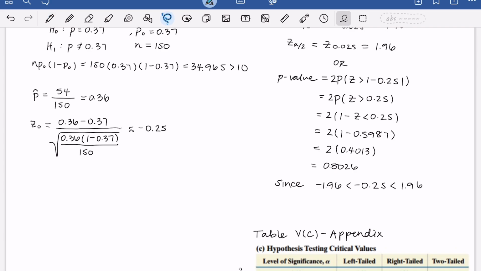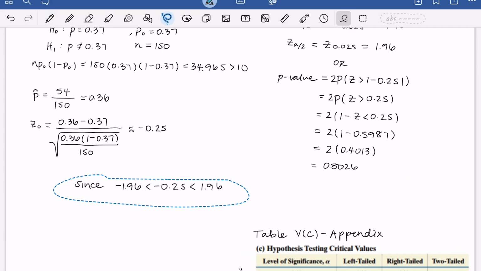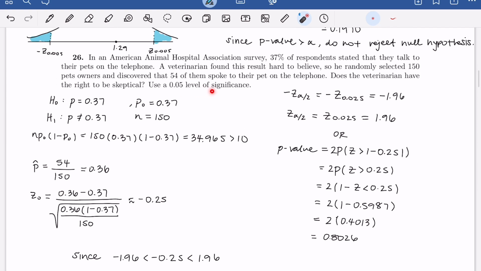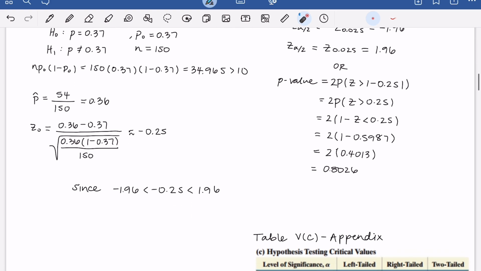All right, so we already know from our classical approach that our test statistic is in between these two values, so it's not in our critical region. And we just saw that the p-value is going to be greater than our level of significance. So both of those tell us that we're not going to reject the null hypothesis.